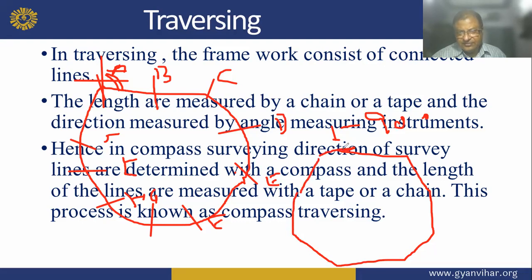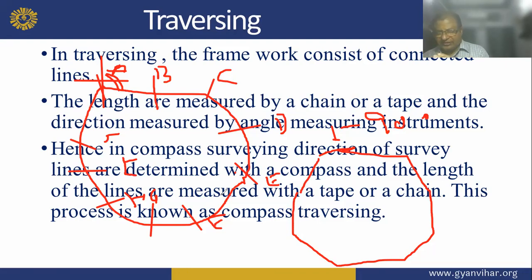This type of area you will draw, and you will close the circuit. So how will you get that? You will get that idea from the map. Okay, so this is the closed traverse.